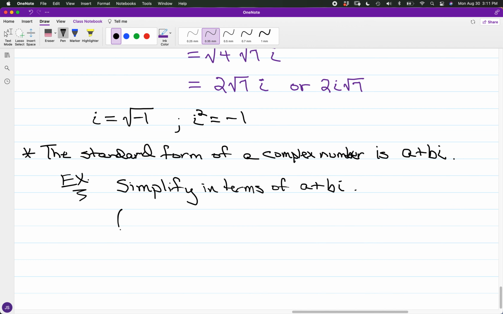And we'll say we have 3 plus the square root of negative 49, plus the quantity of 7 minus the square root of negative 144.